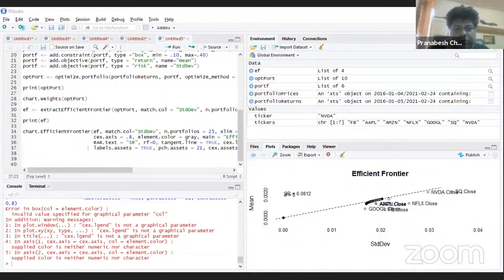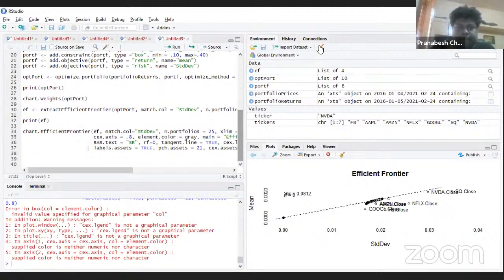Now we'll talk more about our constraints. We'll talk about the different types of constraints that we are having in the next thing that we want to do. Let me clear out everything.